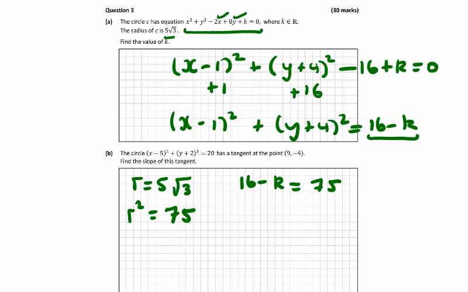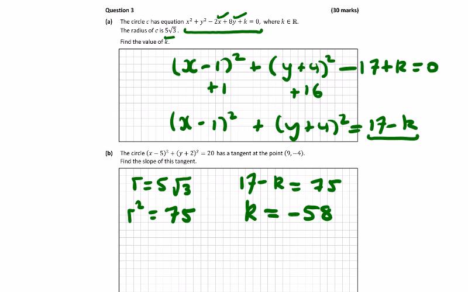Sorry, not 16, 17, obviously. Just looking back at your question always, 17 minus k is 75. So k, bringing it to the right, and 75 to the left, we'll leave k as minus 58 for part A.